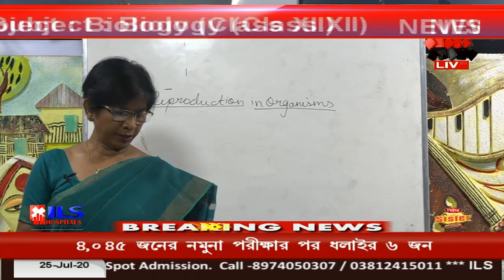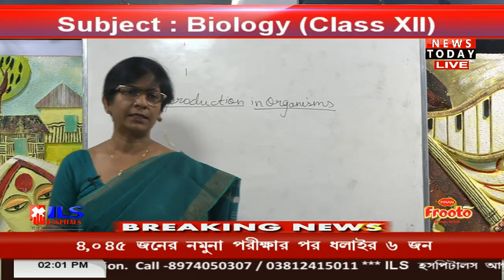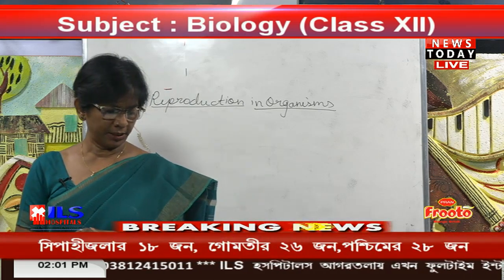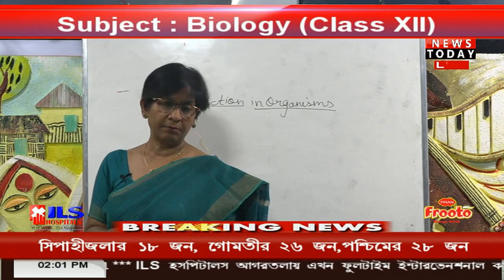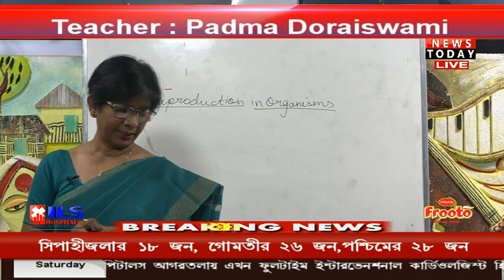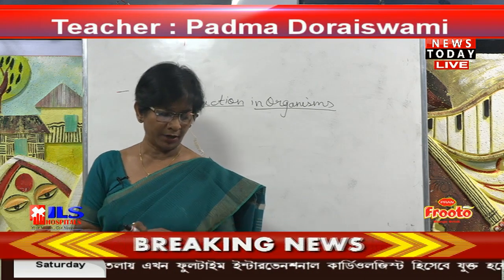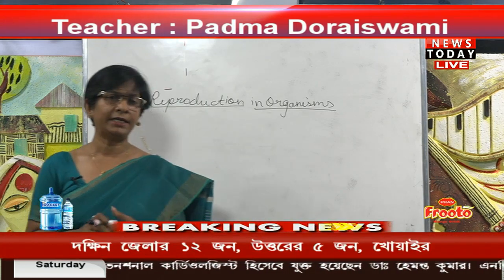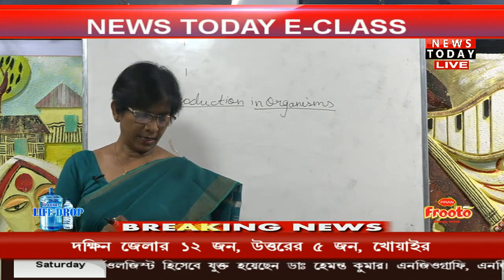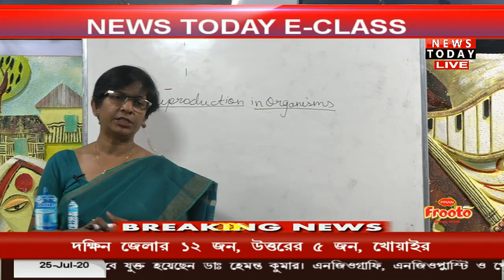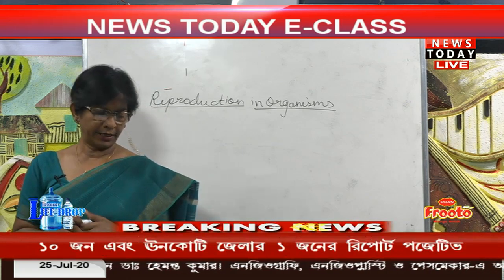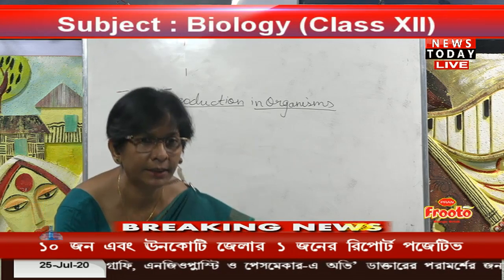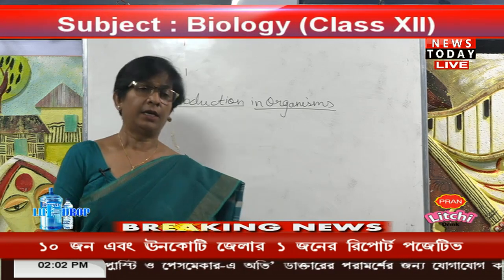Here I am going to discuss the definition of reproduction, then importance of reproduction, types of reproduction, basic features of reproduction, characteristics of asexual reproduction and the types of asexual reproduction. In that I will include fission, budding, fragmentation, gamete formation, and spore formation.